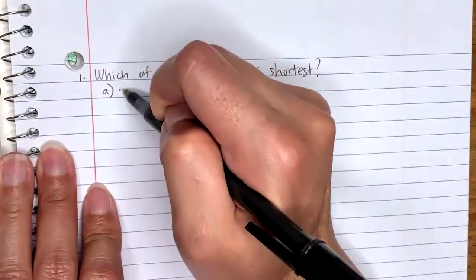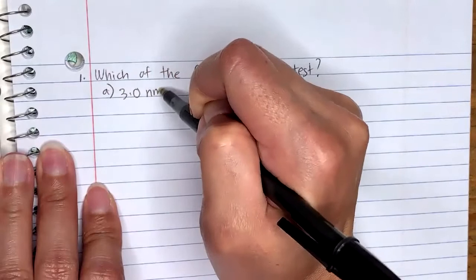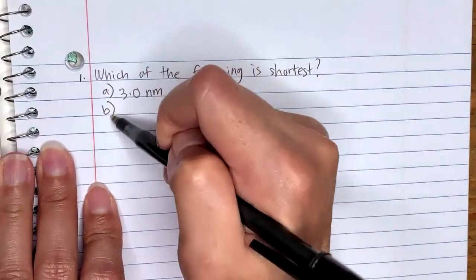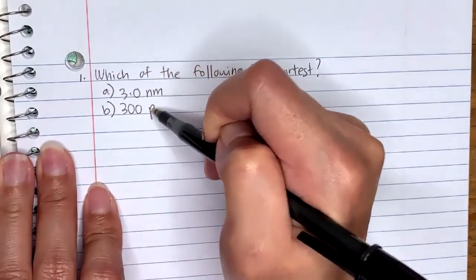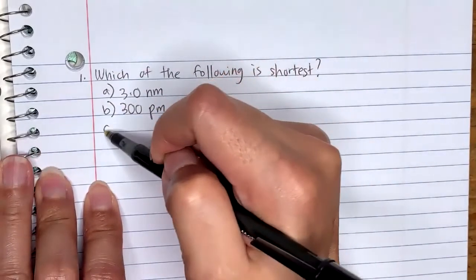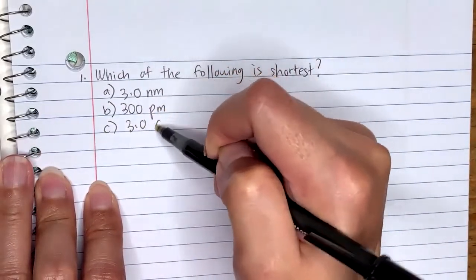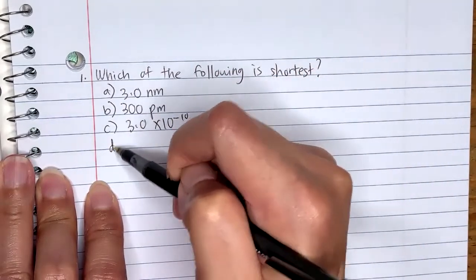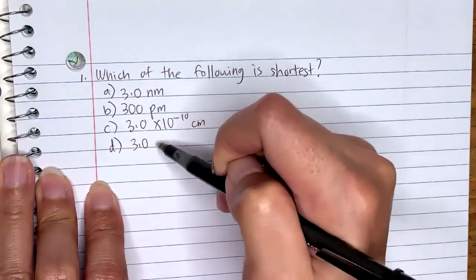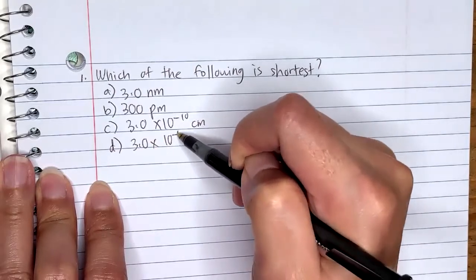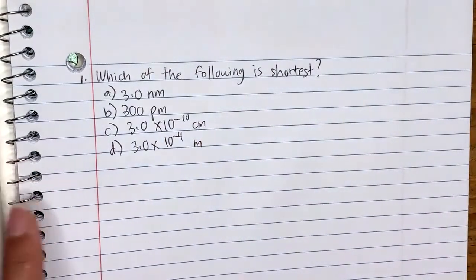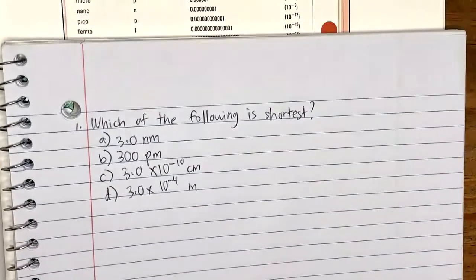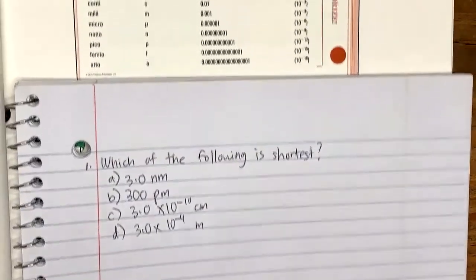I have A, 3.0 nanometer, B, 300 picometer, C, 3.0 times 10 to the minus 10 centimeter, and then D, 3.0 times 10 to the negative 4 meter. So these are all in meters, right? And I showed you the list of the multipliers up here.